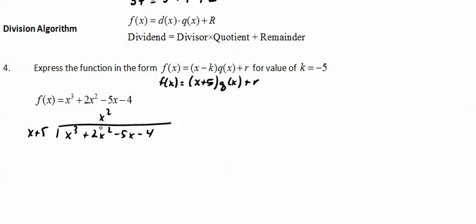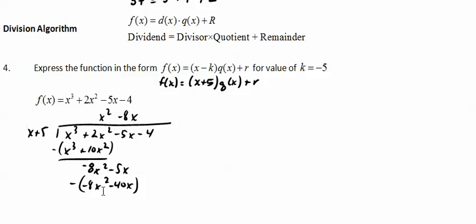This would be x squared. Go ahead and subtract. You get negative 8x squared. Now I need to multiply by negative 8x. Now remember, you're subtracting. So negative 5 plus 40 is 35x. And now I'm going to multiply by 35.